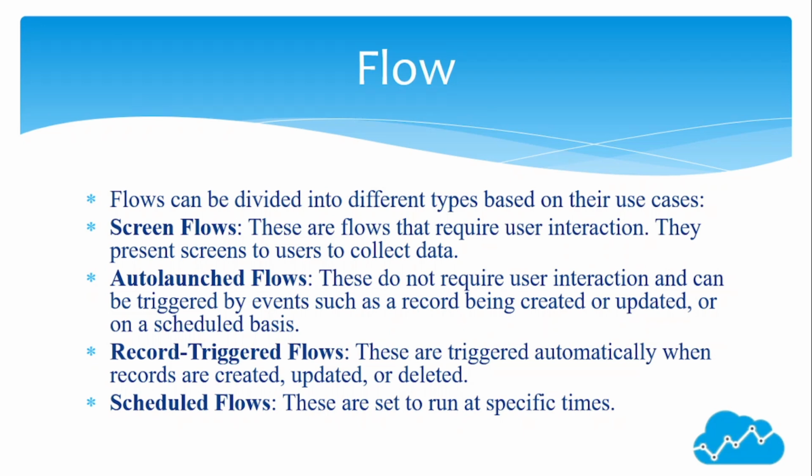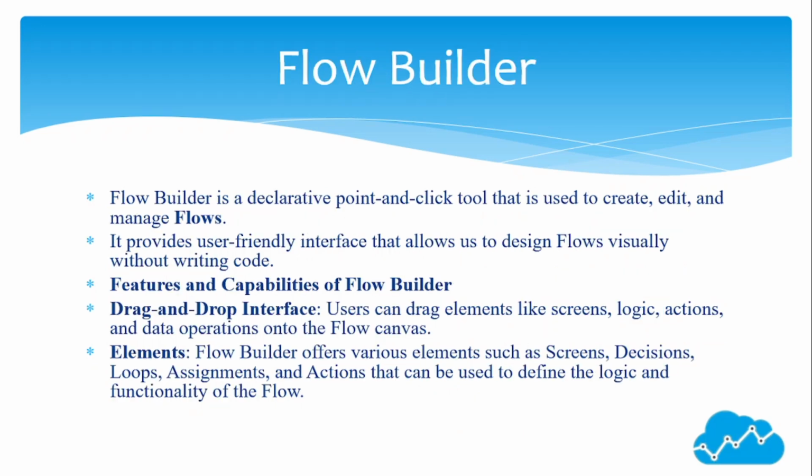These do not require user interaction and can be triggered by events such as a record being created or updated or on a scheduled basis. Record triggered flows. These are triggered automatically when records are created, updated or deleted. Scheduled flows. These are set to run at specific times.